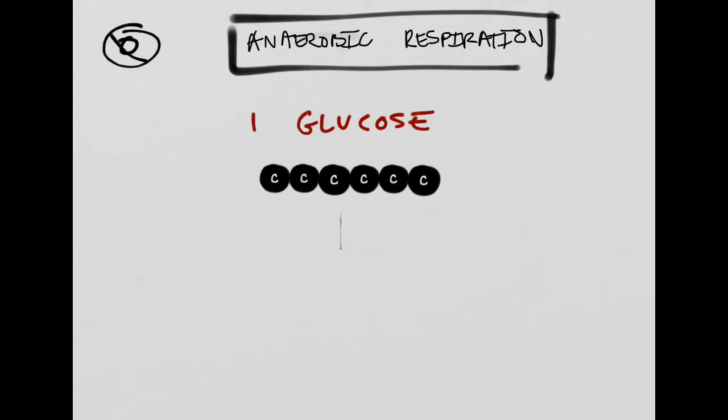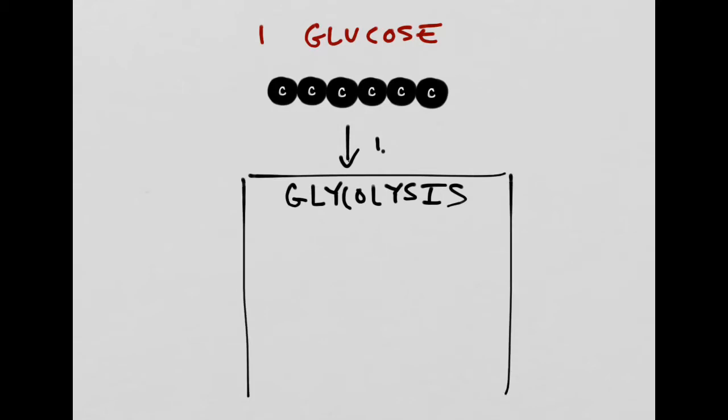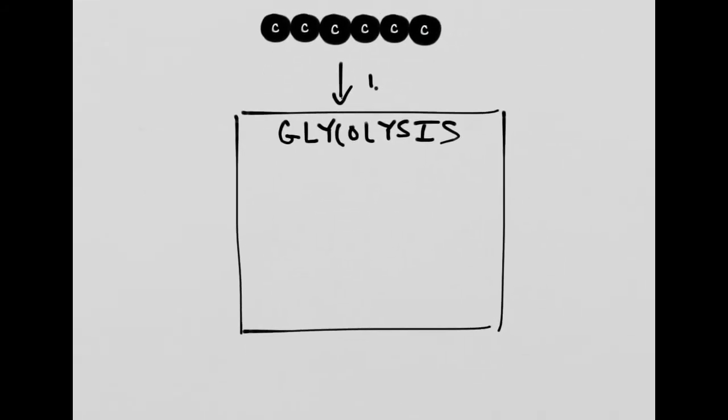So this molecule is going to enter into step 1, which is glycolysis. And let's put glycolysis into a large box. This is going to be our box that represents the process of glycolysis.